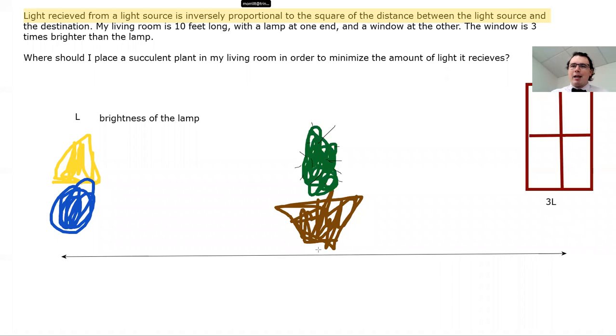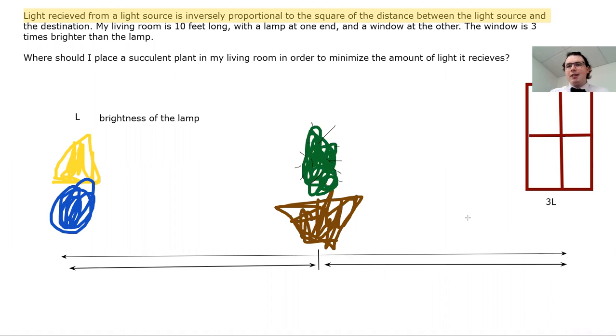So wherever my plant is, there will be a distance between the plant and the lamp, and there will be a distance between the plant and the window. So maybe I can call those X for the distance between the lamp and the plant, and I'll call Y the distance between the plant and the wall.